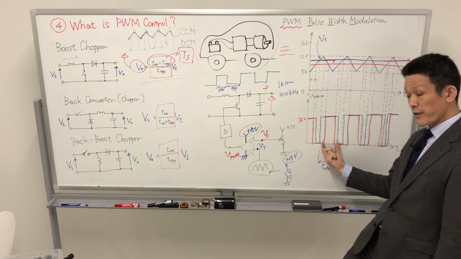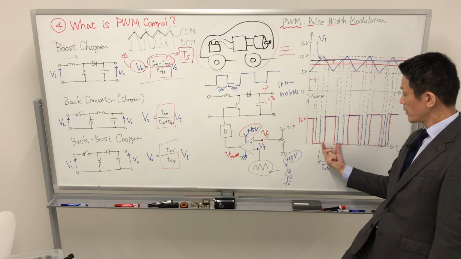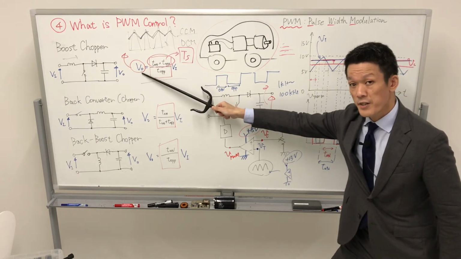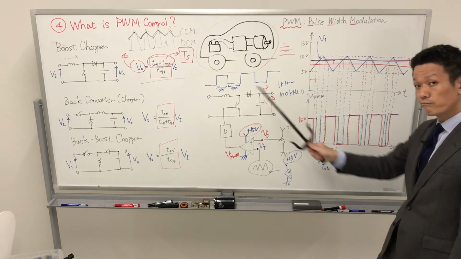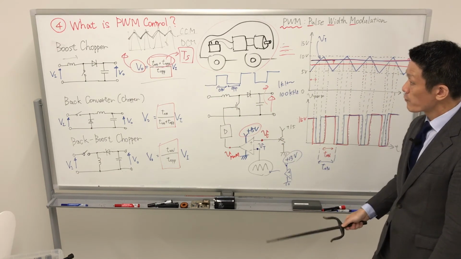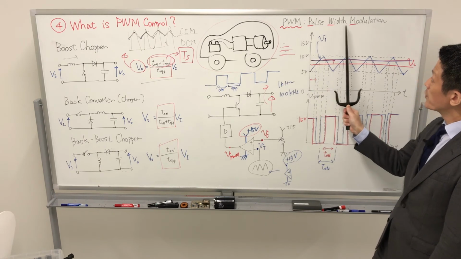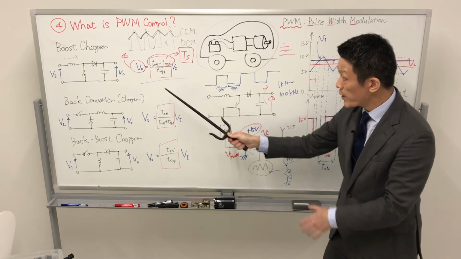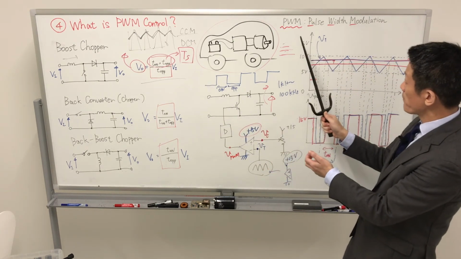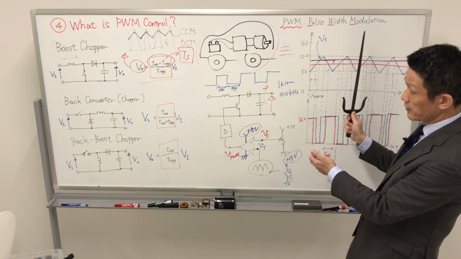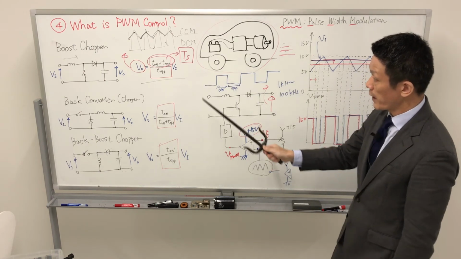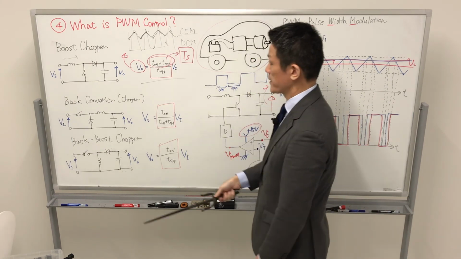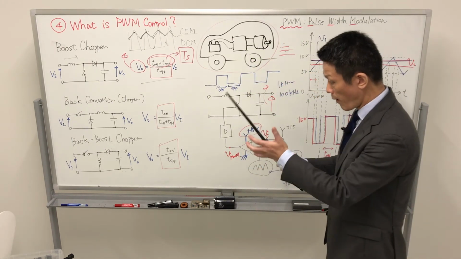That is modulation, and we can control the output voltage. That is pulse width modulation. The pulse width modulation defines the output voltage, and we can achieve the target output voltage. That is the essence of the power electronic system.